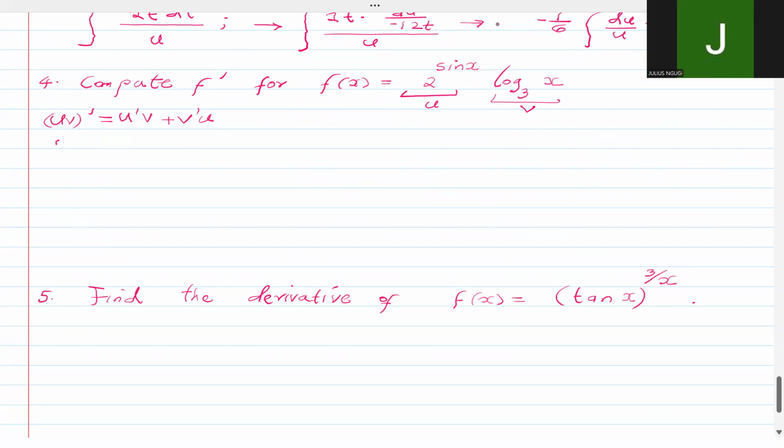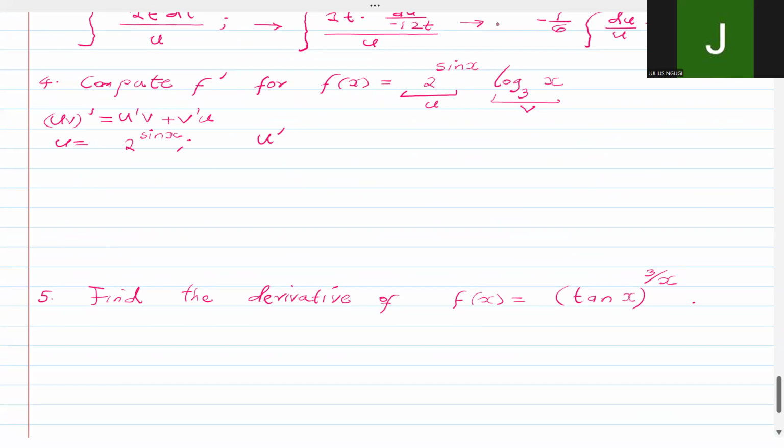If my u is 2 sine x, and so the derivative of this, we have a formula, but let me write it here.